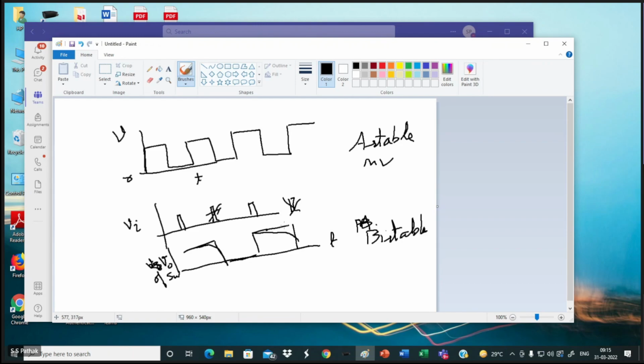This is not needed. So this is a monostable circuit. It comes to the stable state automatically. Okay, these are the circuits you have seen. They are very useful in digital electronics.